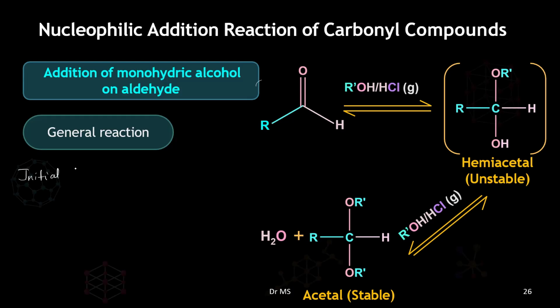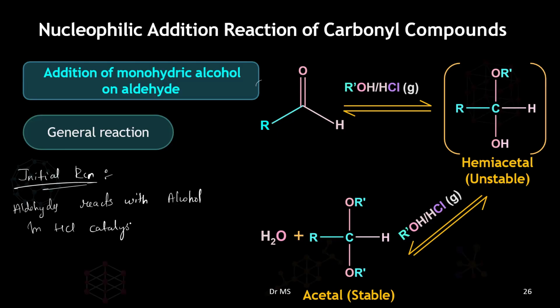In the initial reaction, aldehydes react with alcohols in the presence of HCl catalyst, acid catalyst. That will result in formation of an intermediate. That intermediate is called acetal.